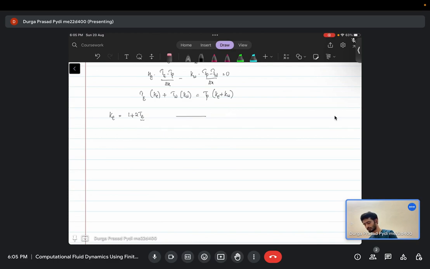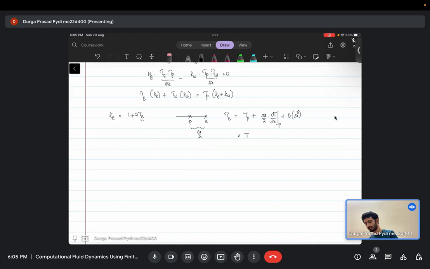So this is my P point, this is my little e, and this is delta x by 2. If you expand around the P point, T little e can be written as Tp plus delta x by 2 into dT/dx evaluated at P, plus some higher order terms.